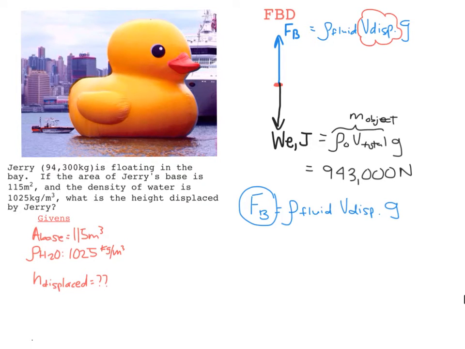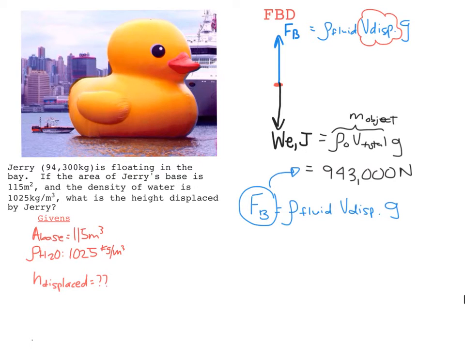So we have to find buoyancy. Any idea of another avenue to find buoyancy? Hopefully you said that the buoyant force is equal to the weight, based on the fact that Jerry is floating on the water. His buoyant force is equal to his weight, because if it wasn't, he would be accelerating up or down.